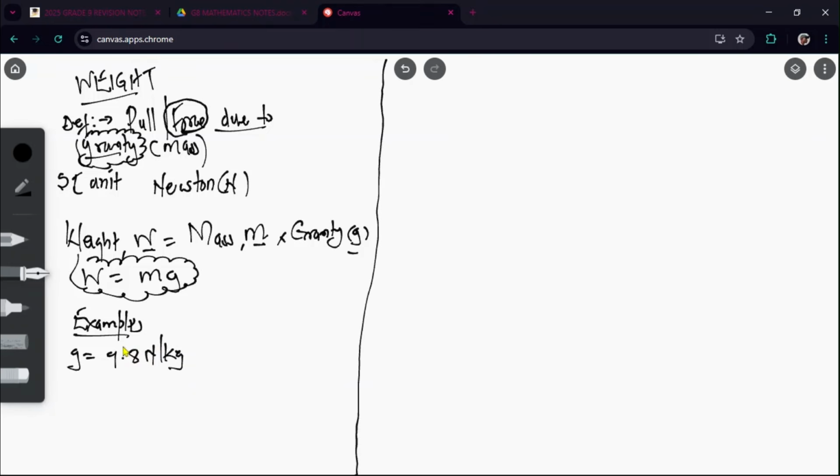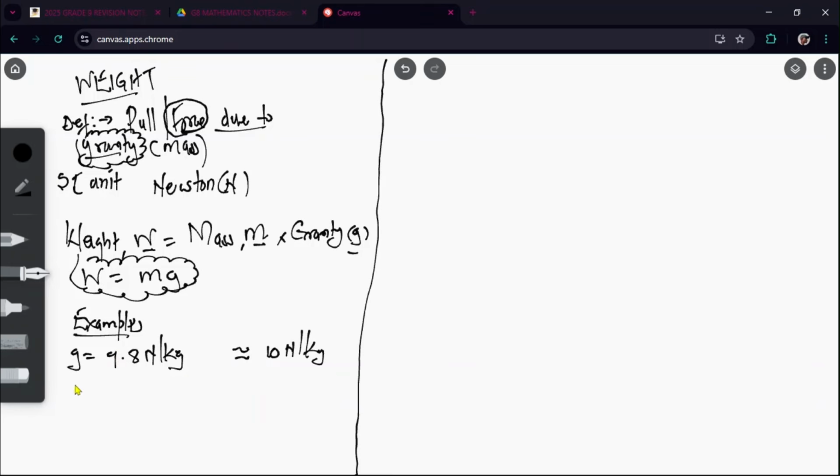Now, this is the same gravity that sometimes we are used to saying is 10 newtons per kg. So it's the same thing. If they tell you to use 9.8, this is more exact compared to this. This one has been rounded off to the nearest whole number. But if they tell you to use 9.8, then that is what you'll use.